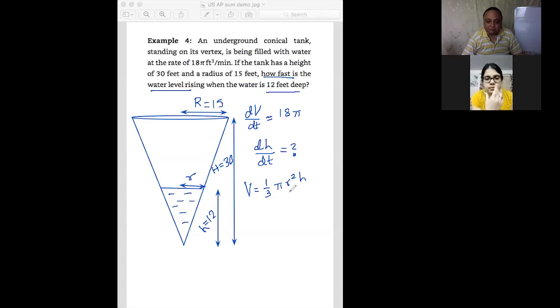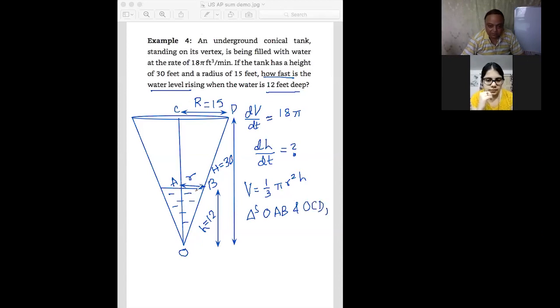Now how do you remove R from here? Well, you can use some geometry or some trigonometry, whatever. Both will work. Suppose I draw a line from here, and I name this as O, and this as A, B, C, D. Now, if I look at the two triangles here, OAB and OCD, we find them to be similar.